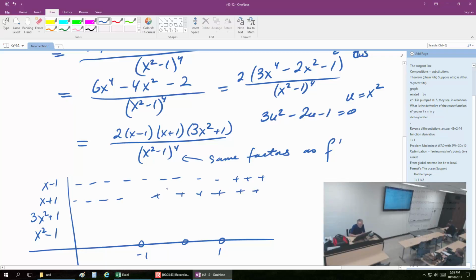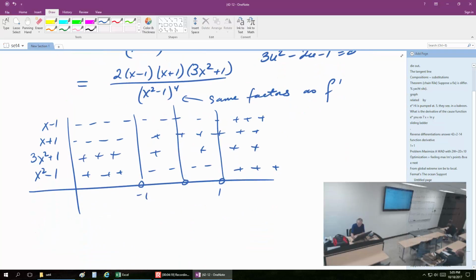The next one stays positive, except it's undefined at these locations, but otherwise it does remain positive. And x squared minus 1 is positive, then negative here, and then positive.